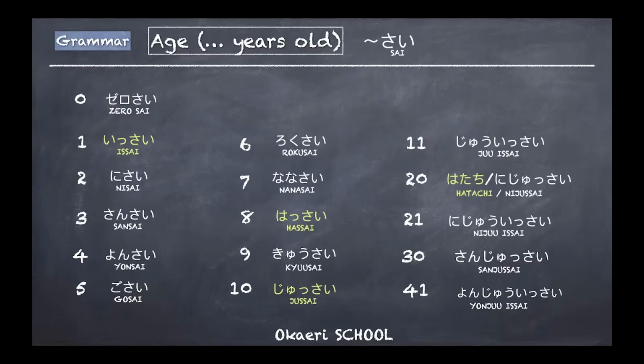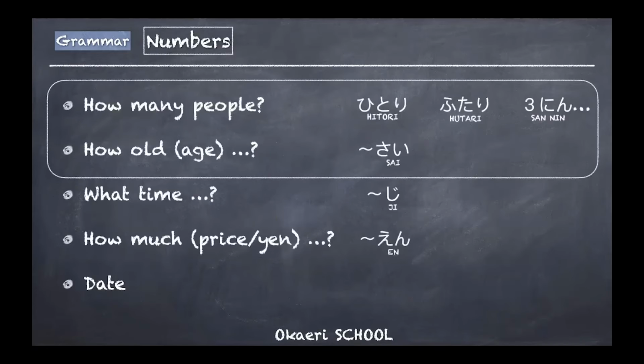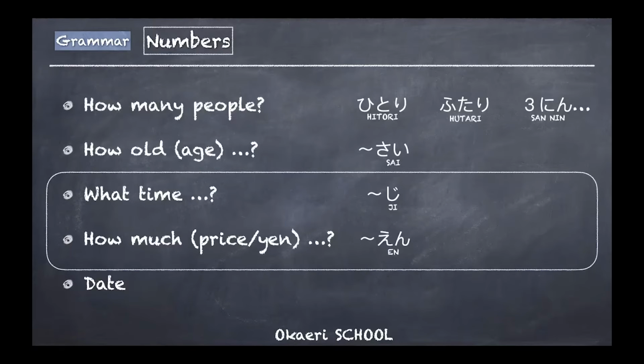But 20 is very special in Japan, so we say 20歳 with a special name, which means 20 years old, without sai. Right. That was age. These things we can already do, hopefully. And today we'll work on these 2.